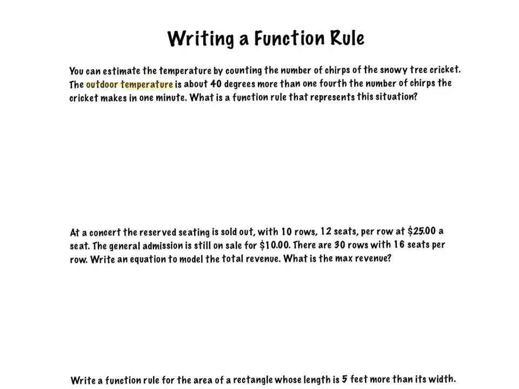So the outdoor temperature is one variable, right? And can anybody think of what the other variable is going to be? What's the thing that's changing to determine the outdoor temperature?